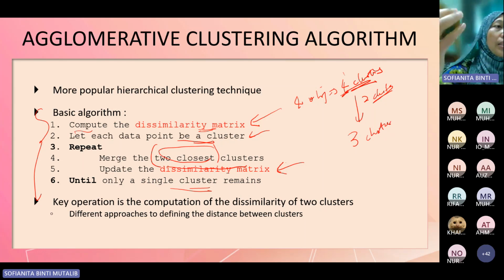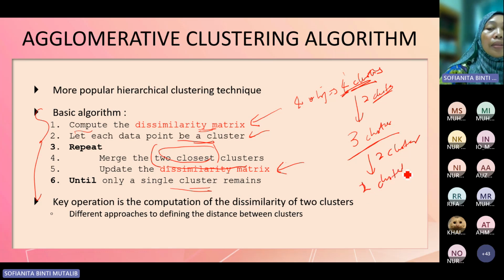You merge 2 clusters into a single cluster, so the remaining is 3 clusters. Then it will merge another 2 clusters, meaning you will have the remaining 2 clusters.